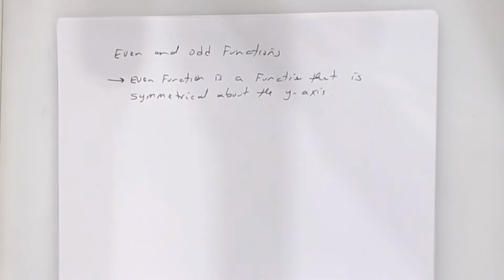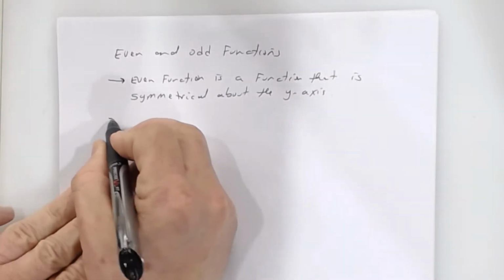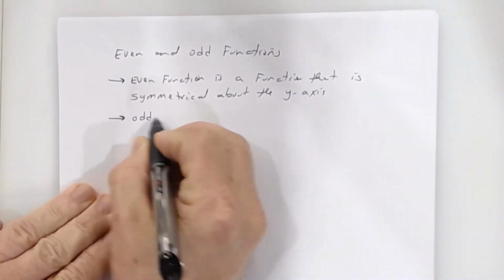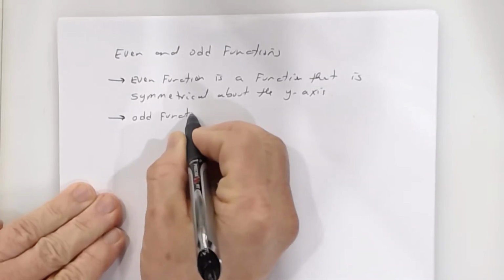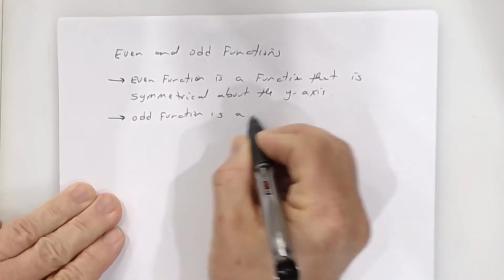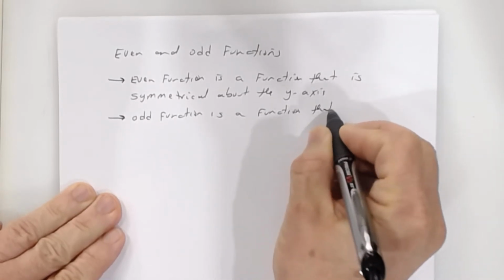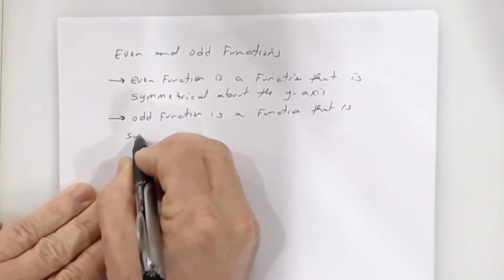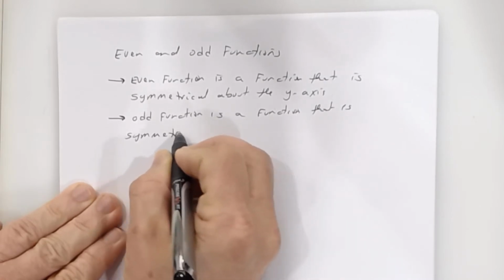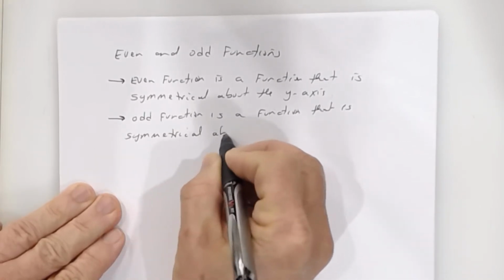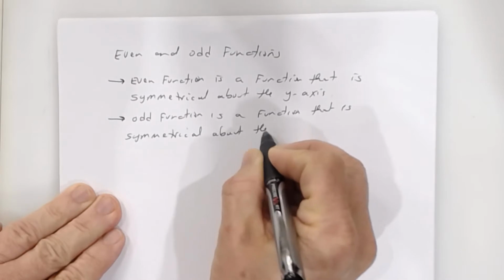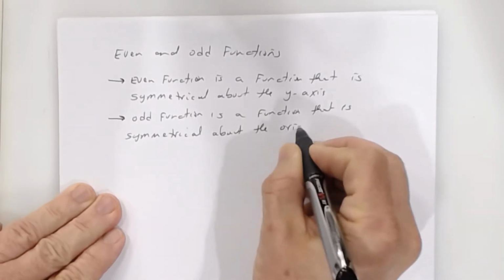An odd function is a function that is symmetrical about the origin.